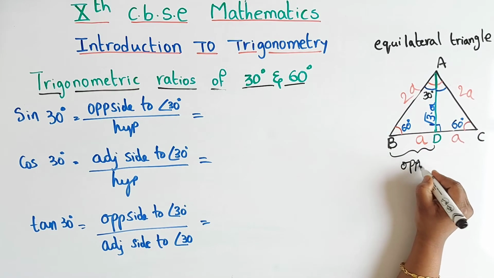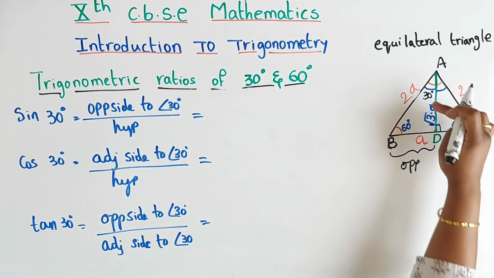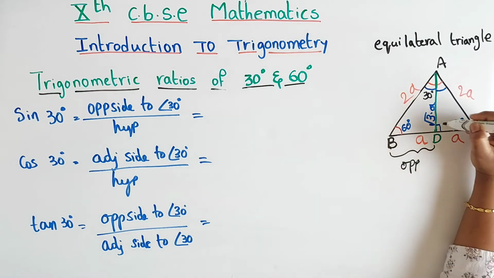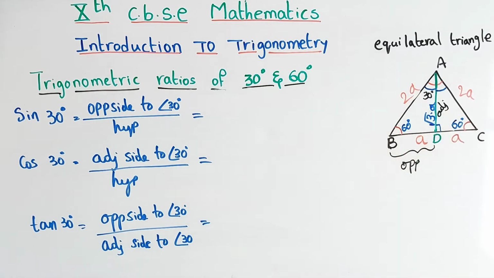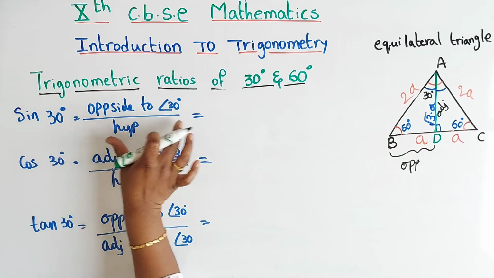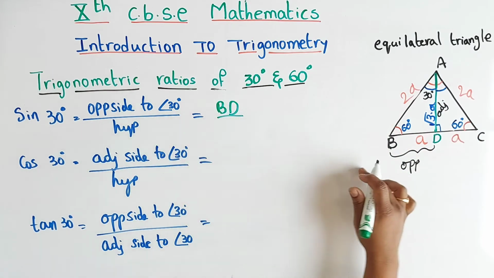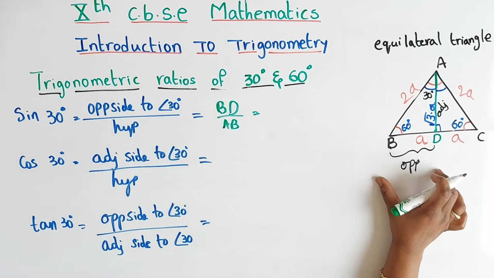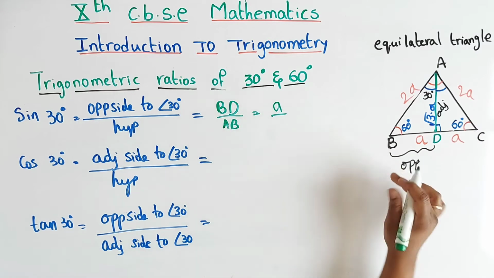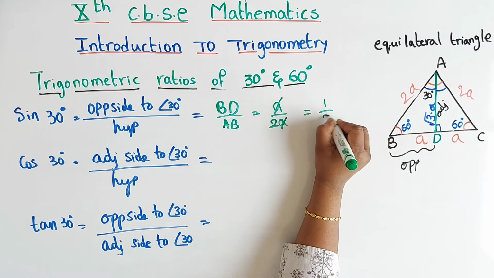Here I am writing opposite, that equal to BD, and adjacent to 30 degrees, this one AD. This is adjacent, children. Correct? So sine 30 degrees equal to opposite to angle 30, that is BD, by hypotenuse AB. BD value is A here, hypotenuse AB value is 2A. So A will get cancelled, 1 by 2 here.